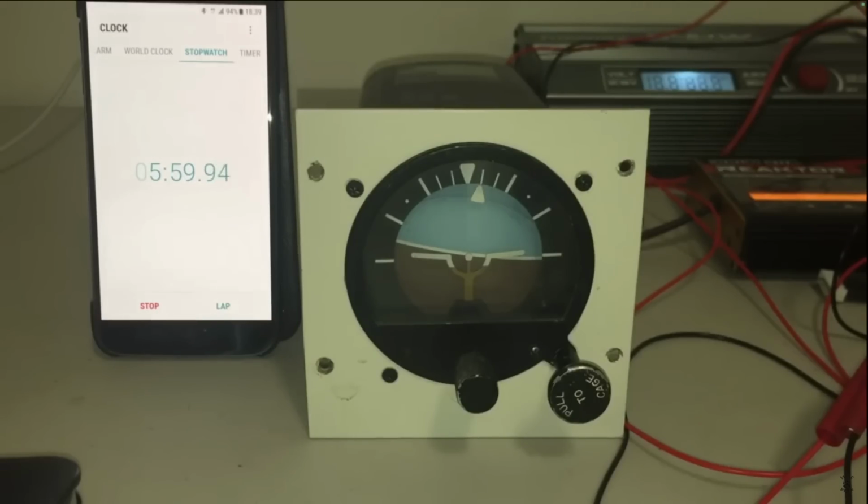Again, if this was rigid in space, we wouldn't see any correction at all. It would simply maintain its original position due to gyroscopic rigidity. But again, this is not rigid in space. It's gyroscopically stabilized and self-correcting due to the pendulous vanes, and you're seeing those in action right now.